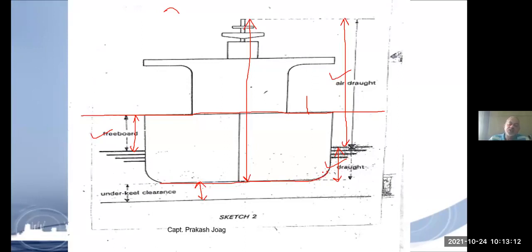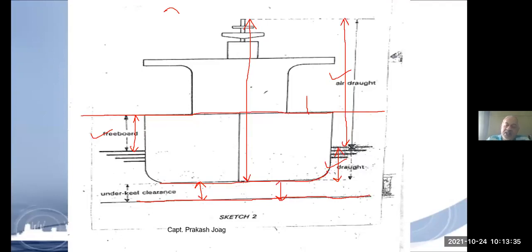The vertical distance from the keel up to the seabed, this is the seabed, how much clearance there is from the keel, that is called UKC.